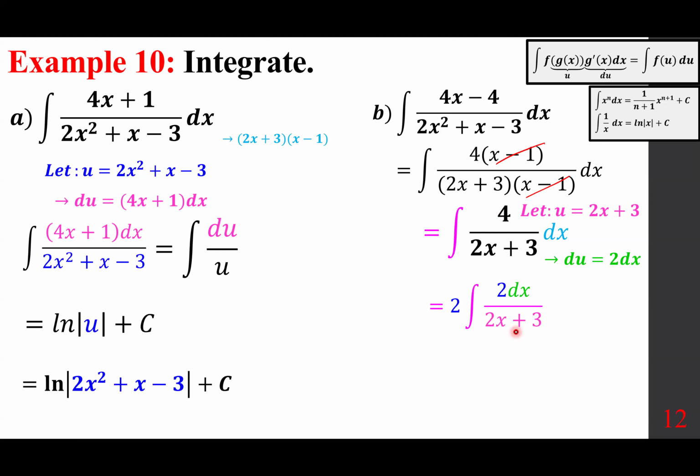You rewrite it so it becomes clear the numerator is du, the denominator is u. And that is a natural log. So 2 ln of absolute value of u plus a constant. Replace the u: 2 ln of absolute value of 2x plus 3, plus a constant.